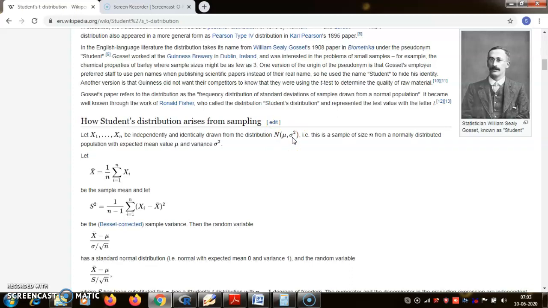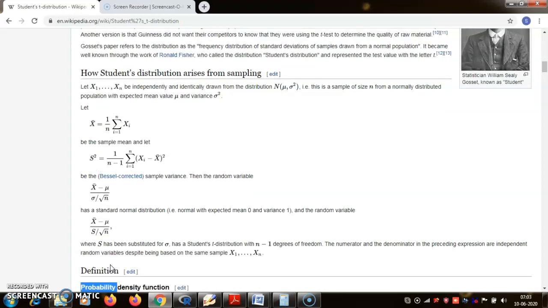So I look at this ratio, (x bar minus mu) divided by s by root n. So this root n would come in the numerator, and it would be root n times (x bar minus mu) by s. Then the distribution of this ratio turns out to be the student t distribution with n minus 1 degrees of freedom.